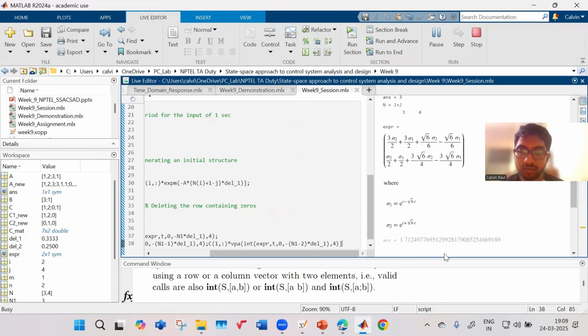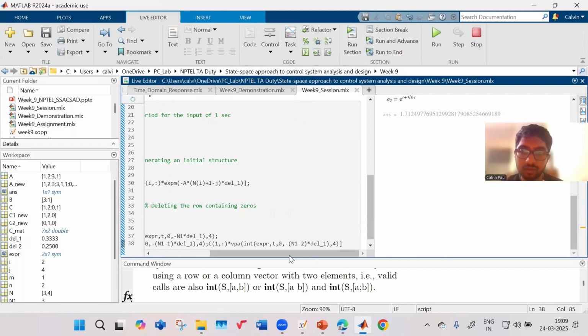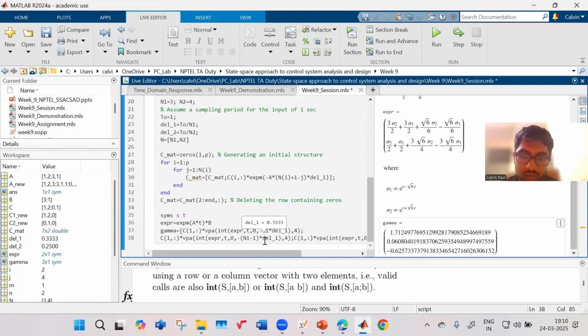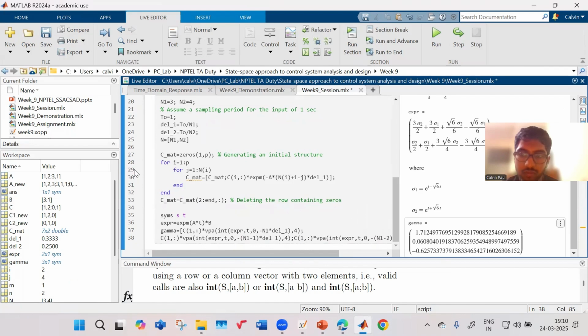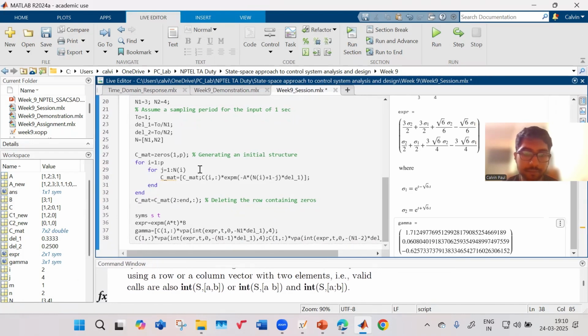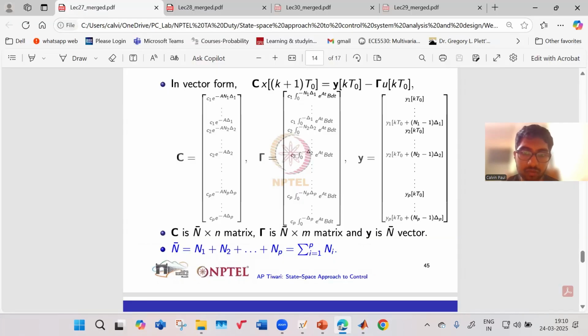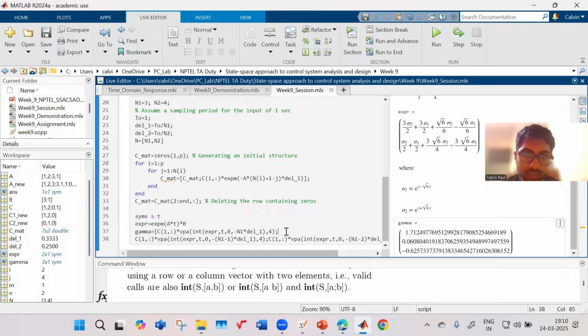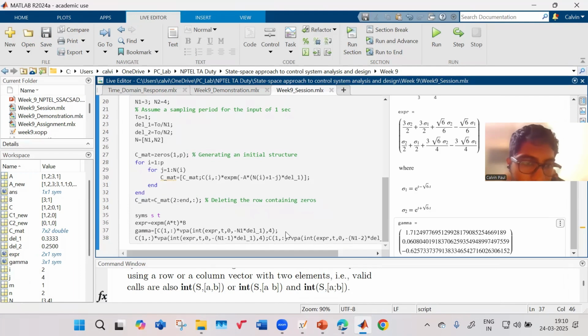We'll run this section. This is the gamma we get, right? Here we go. Once we get this gamma, what do we do for it? We can get it for the further matrices, and let us check whether there's any way to get it in a simpler way.